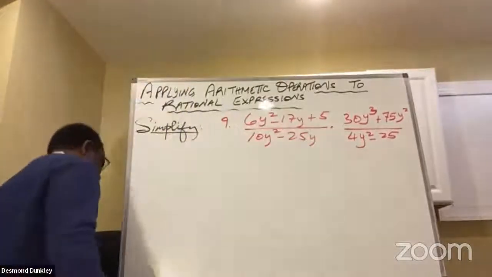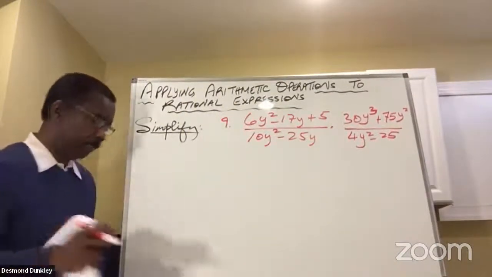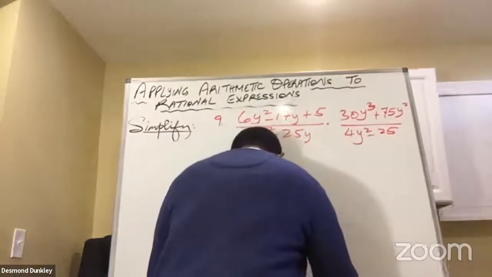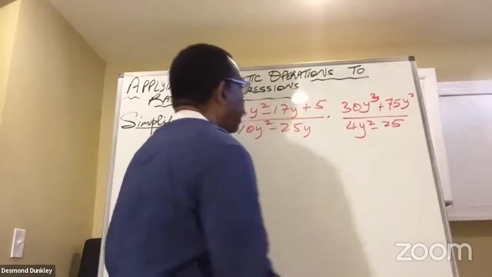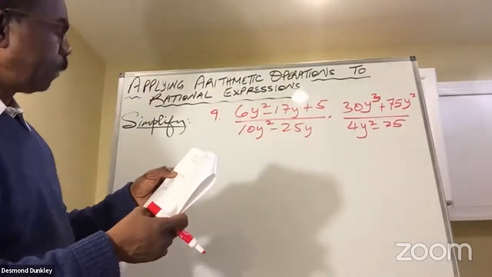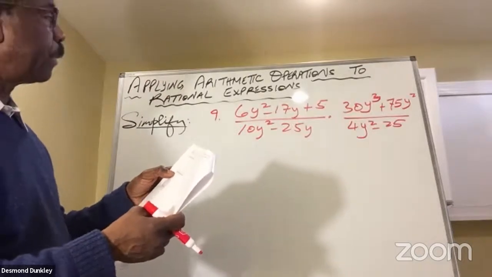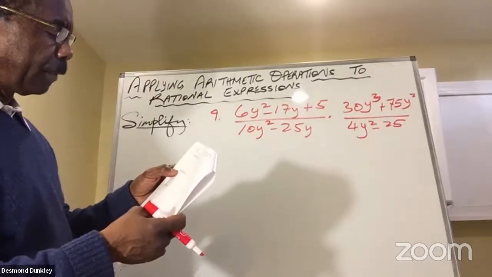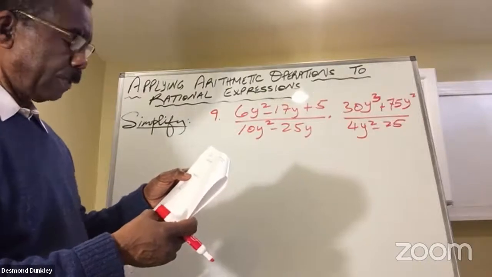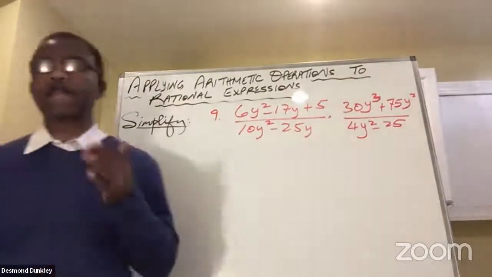Okay, this is a lot of stuff going on right here. Let me just pull this forward a little bit. I'm going to double check to make sure I copied it correctly. 6y squared minus 17y plus 5 over 10y squared minus 25y times 30y cubed plus 75y squared over 4y squared minus 25. Yes, a lot of stuff going on here, but the principle doesn't change.